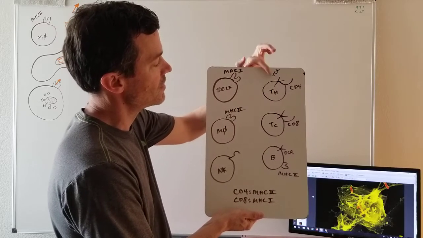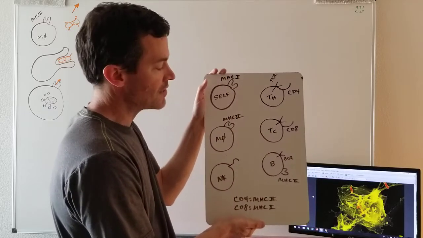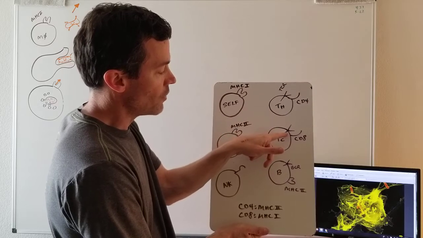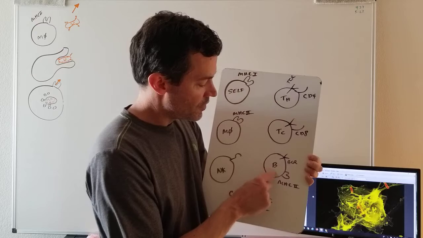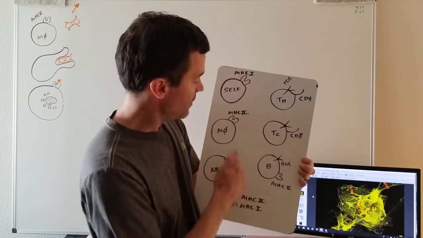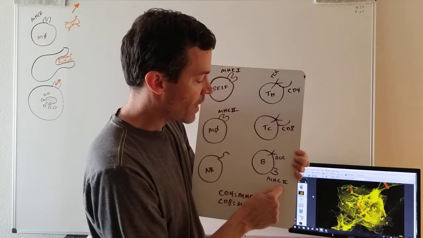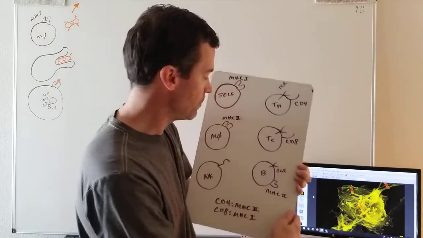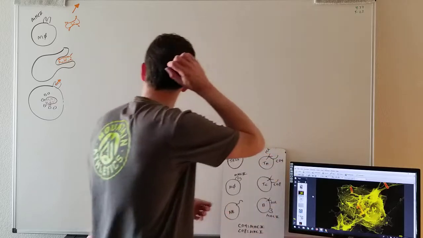That Y-shaped thing is a T cell receptor. TC, cytotoxic T cells, that sounds deadly, has a CD8 protein, and it also has a Y-shaped T cell receptor. And then B cells have an MHC class II protein, and they have a B cell receptor that's kind of Y-shaped. So we will come back to this chart a lot momentarily.